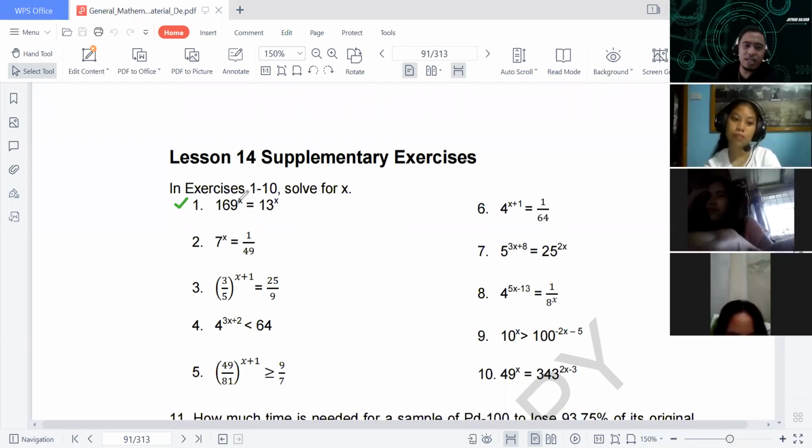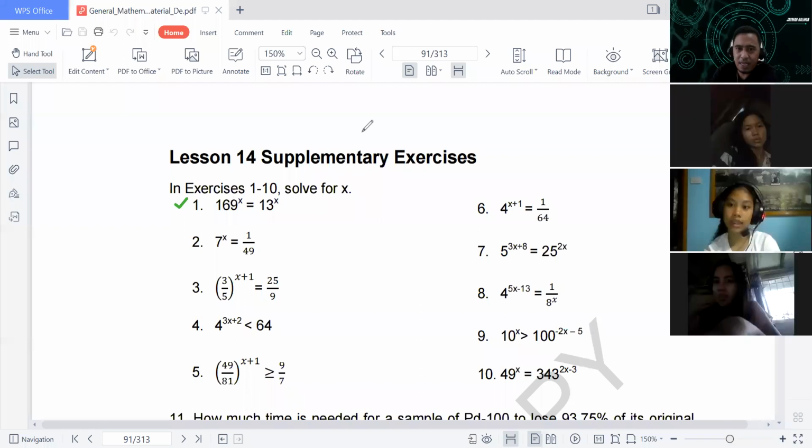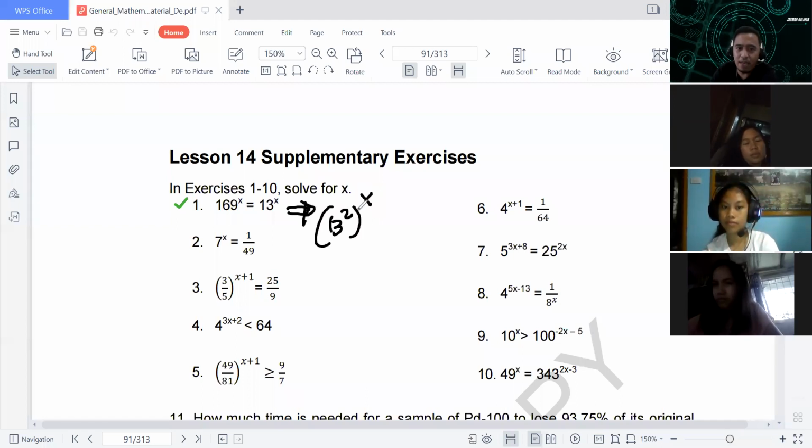So this one, can we rewrite 169 as a base of 13? Pwede ba? Yes, sir. Unsa man na? 13 squared. So it means this one now can be written as 13 squared to the power of x, right? And here, it's already 13, so you just copy it, right?